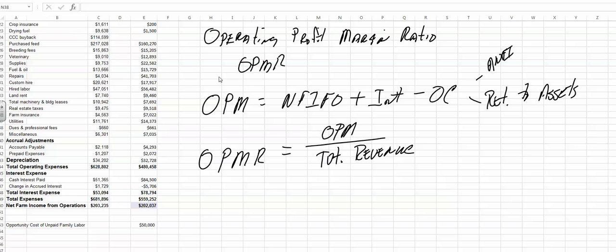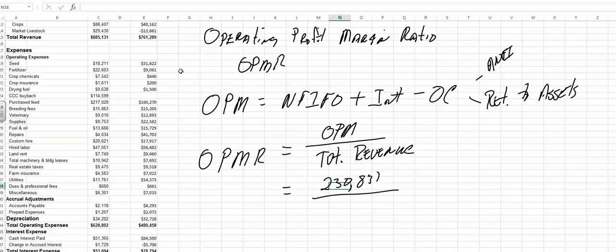So in our farm it's equal to 230,831 divided by total revenue, which is 761,289, and that turns out to be 30.3%.